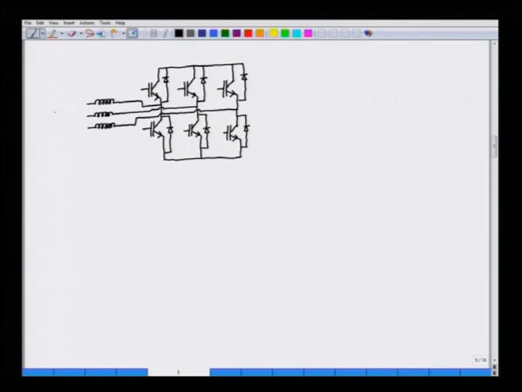And this is connected to the AC supply, and we have the AC supply in this case, 3 phase AC, the grid is 3 phase here. So, we have the AC supply in this case which is available to us.